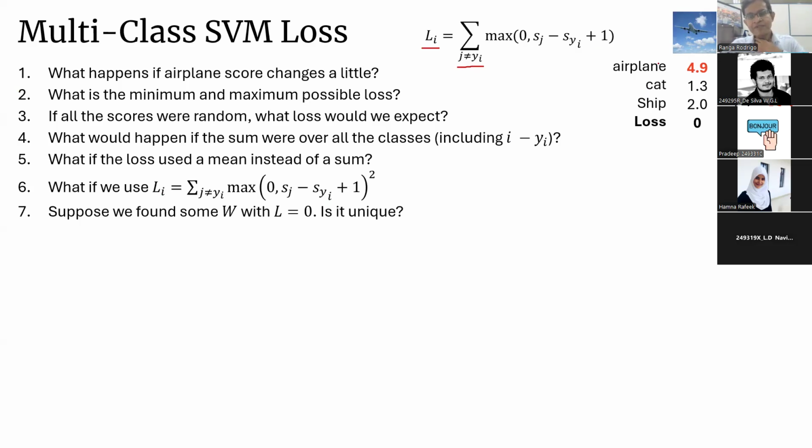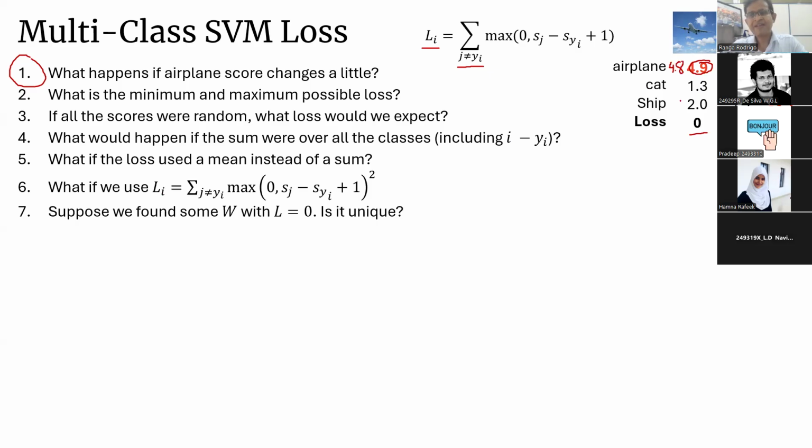So we have the scores of the airplane, cat, ship, and the losses we know are 0, 2.9 and 12.9. Question number 1. What happens if airplane score changes a little? So this 4.9 changes to 4.8, for example.